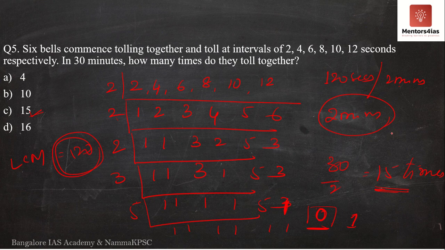So the correct answer is 1 plus 15. When the time begins, they all toll together, and then after the time starts, every 2 minutes they toll together, that is 15 times. But you have to consider the first toll as well. So it is 15 plus 1. The correct answer is 16, not 15. Please don't make such careless mistakes even after finding out the entire answer.